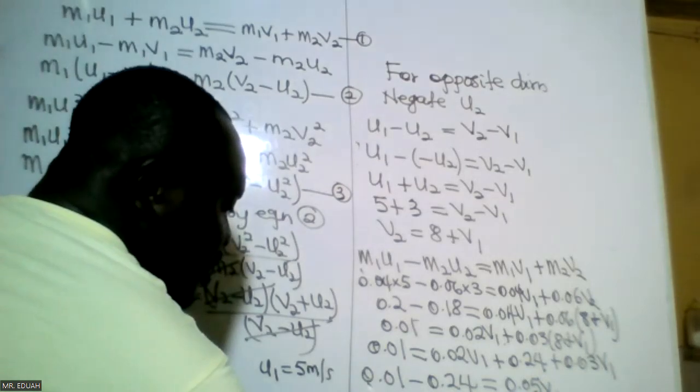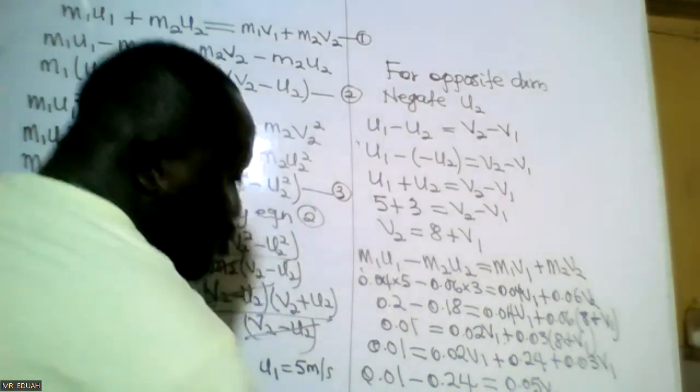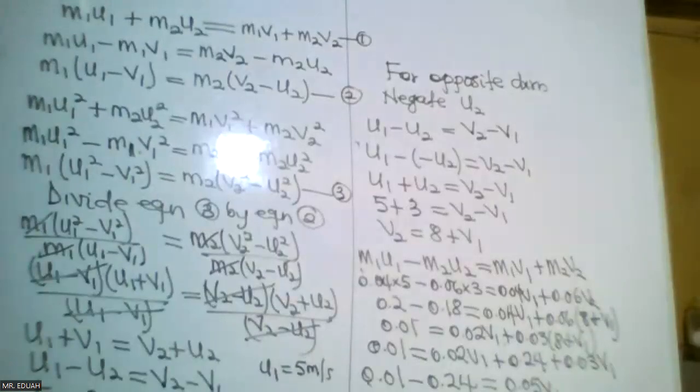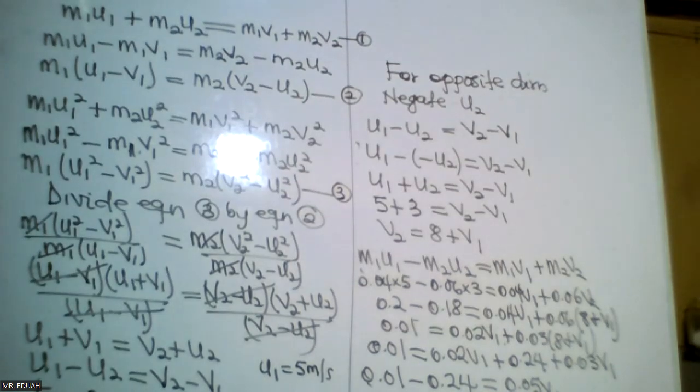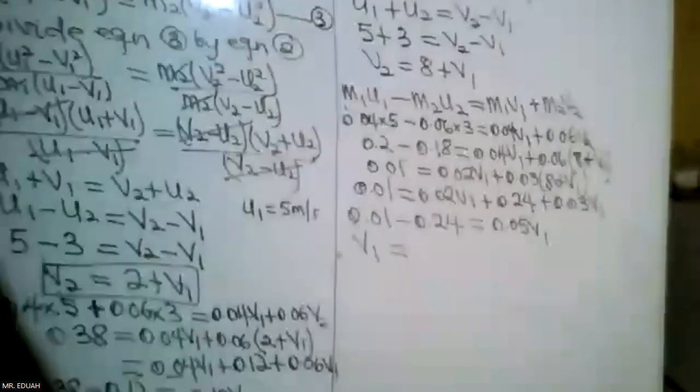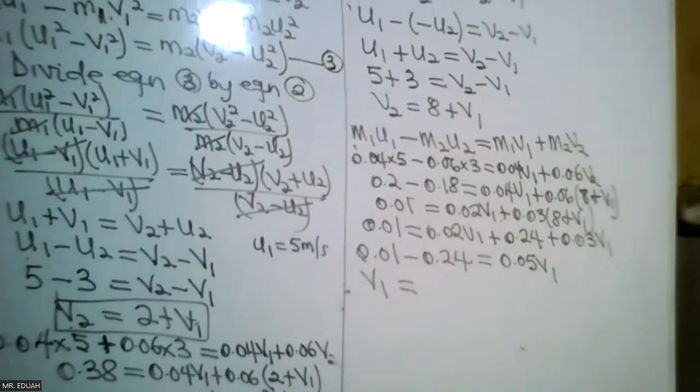Therefore, V1 will be equal to, and subtract 0.24 from 0.01.